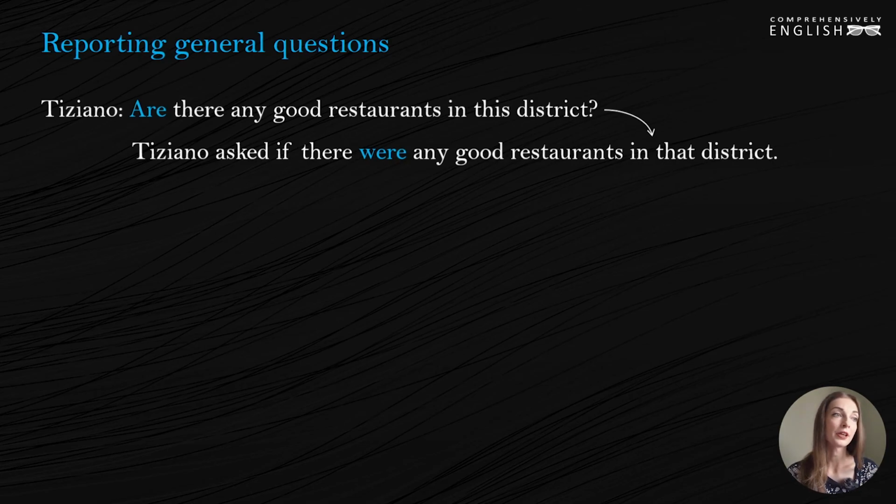Are there became there were, because we changed the word order and we changed the tense, right? The present simple tense became the past simple tense, and the word order has changed. Also, please pay attention that we changed this district into that district.